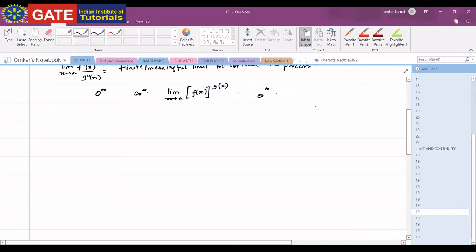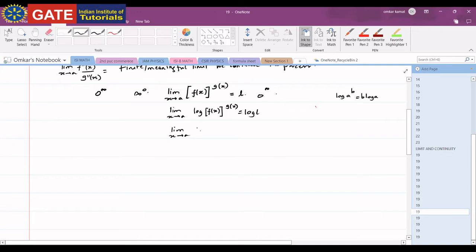Now, in such cases, we apply the logarithm on both sides. That is, we assume that this equals some value L, and then we apply log: log of f of x to the power g of x is equal to log of L. Now, once I have applied the log, by the property of log, log a to the power b is equivalent to b log a, correct?